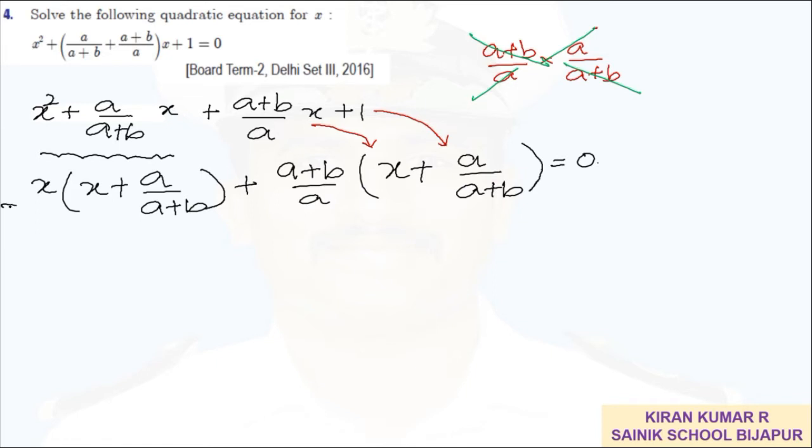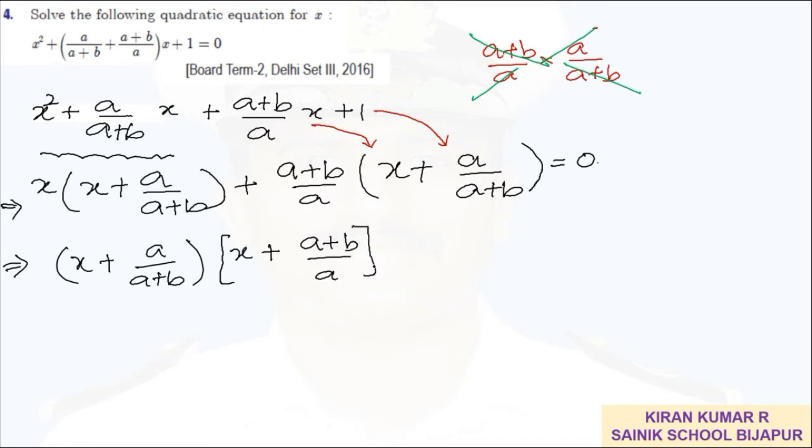There is x plus a by a plus b common. You will be left out with x plus a plus b by a, which is equal to 0. Now each of these linear expressions can be equated to 0.